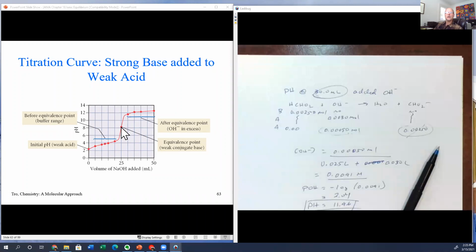Oh, here it's a weak conjugate base problem. Oh, here it's a strong base problem. Those are a lot of different kinds of problems that we've all done individually in the past, but now they're all lumped together in one kind of complicated titration curve. And if you can do this, you're doing very well.